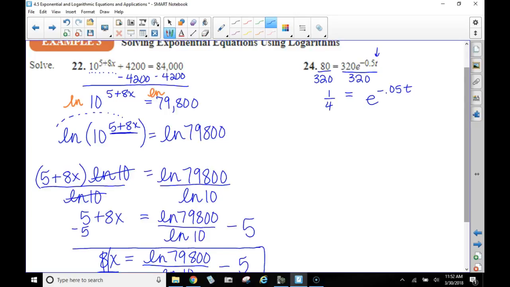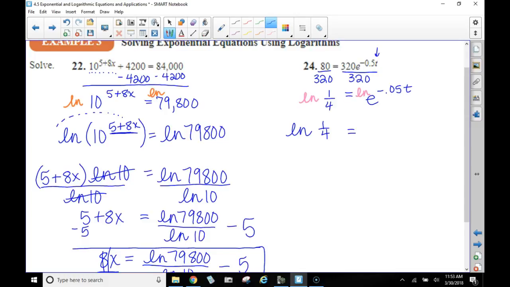Now, since this is a base of e, I definitely want to take the natural log of both sides. Trust me, y'all, we want to do that. So on the left-hand side, I've got the natural log of 1/4. This is where you can apply your quotient rule if you would like.